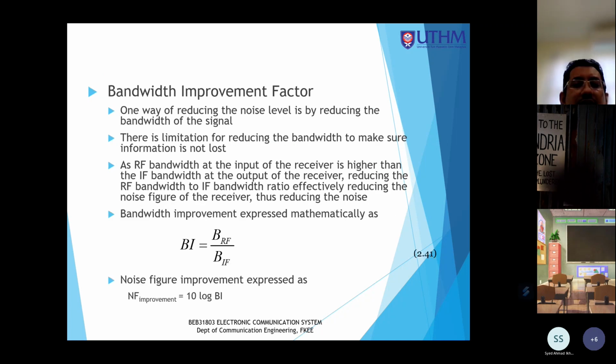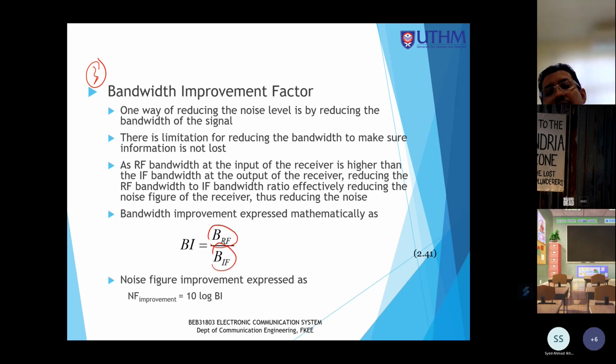Dan parameter yang ketiga adalah bandwidth improvement factor. Okay, so bandwidth improvement factor is equal to bandwidth of RF divided with the bandwidth of IF. Ini ada satu lagi wujud IF. So apakah RF? RF di sini merujuk kepada frekuensi yang kita terima pada receiver.